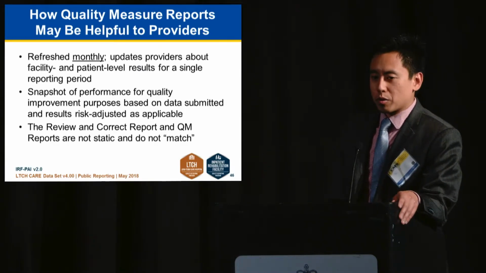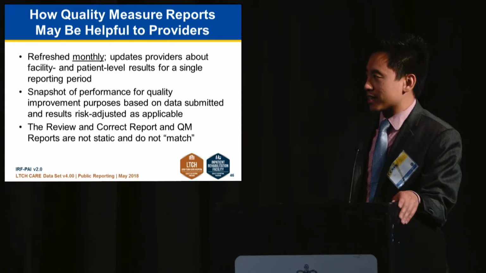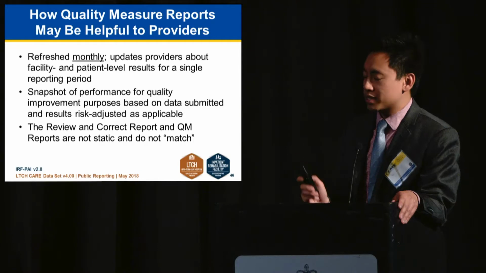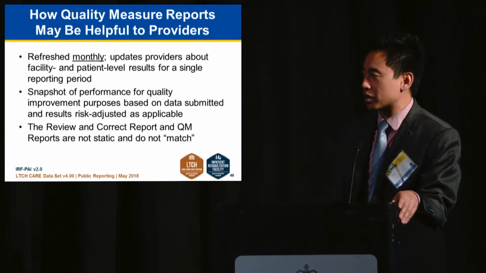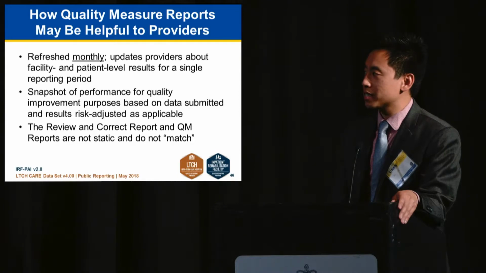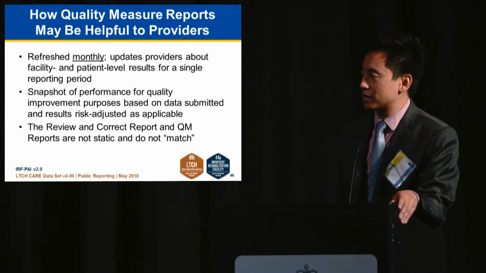So these quality measure reports are refreshed monthly, but you are able to request a report end date a little bit earlier than the review and correct reports. For example, this quarter is quarter 2 2018, so you can actually download your data for this quarter at this time.